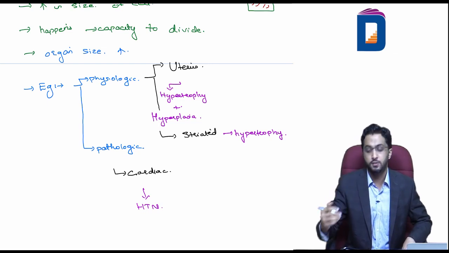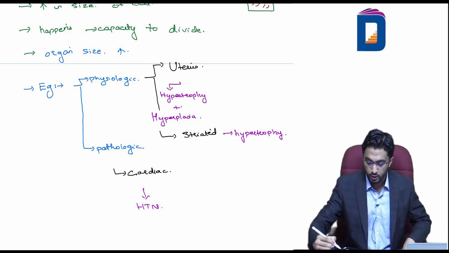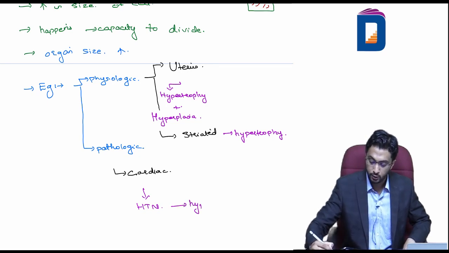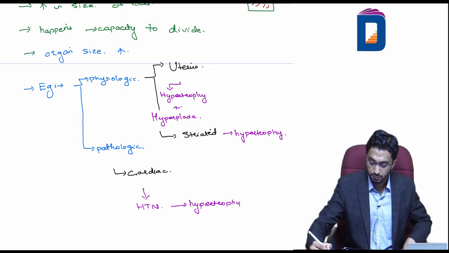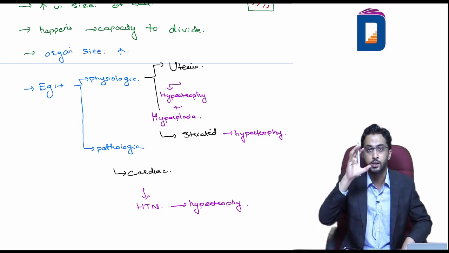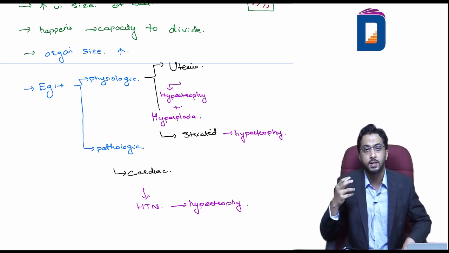So the heart adjusts itself by undergoing hypertrophy. There is an increase in size of the cell, and finally an increase in size of the heart.